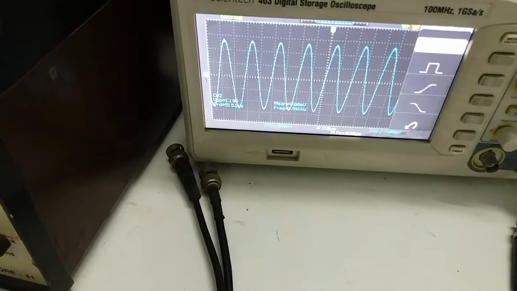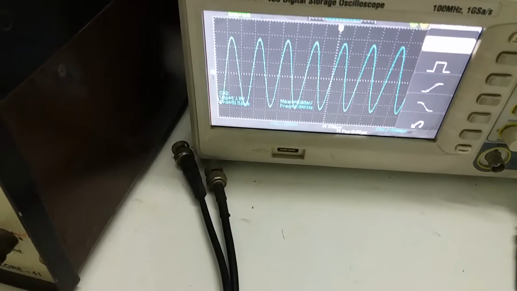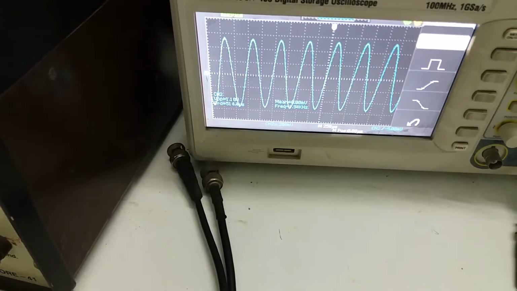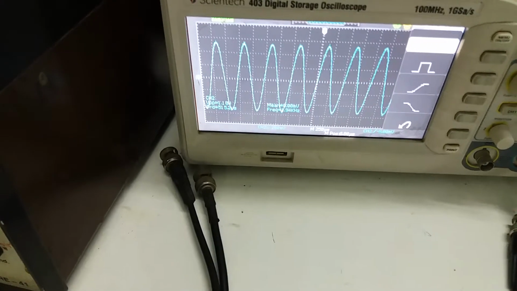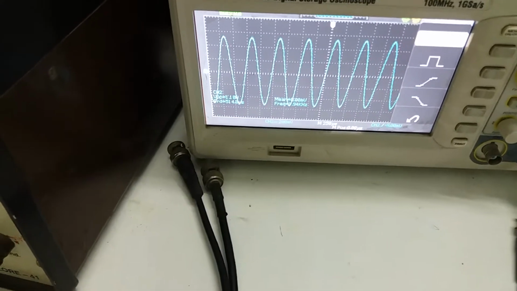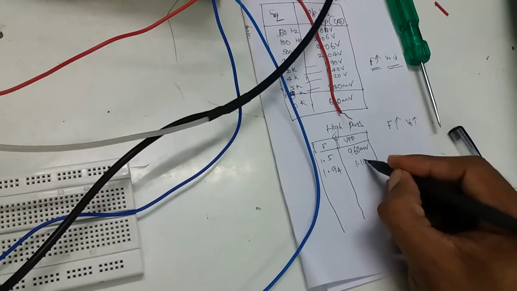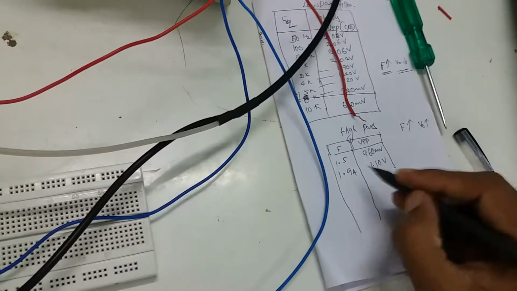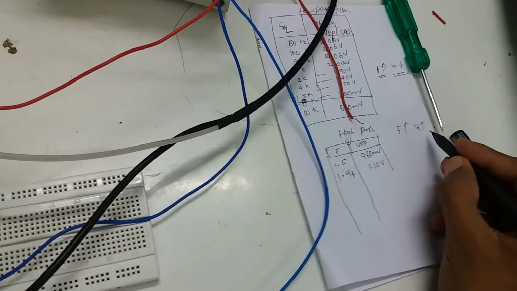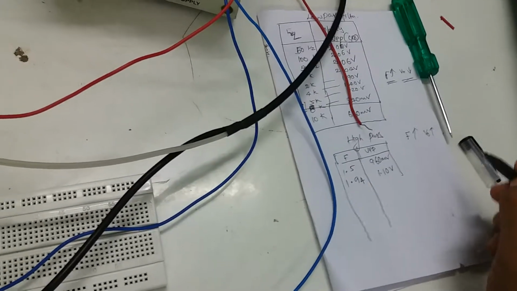You can write 1.94, and then what is the voltage? 1.10. The output voltage peak to peak is 1.10. Write it in the tabulation. Now I have increased the frequency, and the output voltage also increases. So peak to peak is increasing.